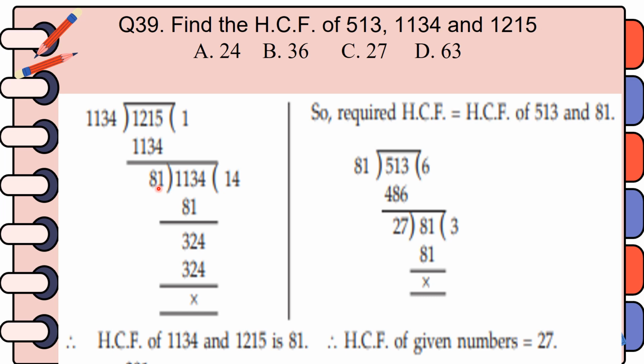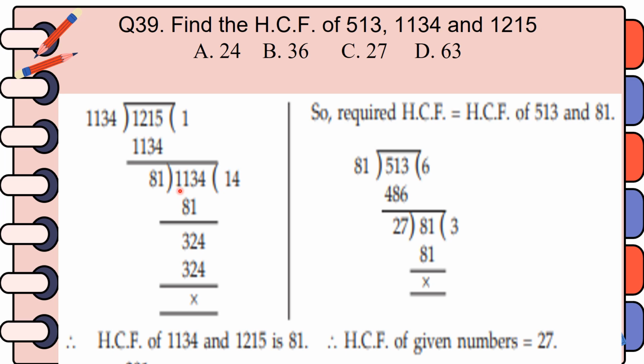You get the remainder. After you get the remainder, what you are going to do is take the divisor, the first divisor, or the previous smaller number, and divide it by the remainder. That means the previous divisor or the previous smaller number is 1134 divided by 81.